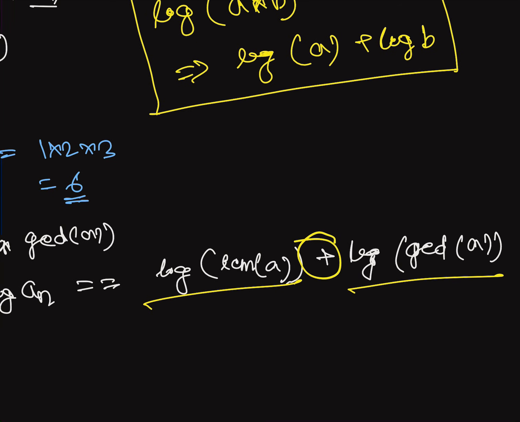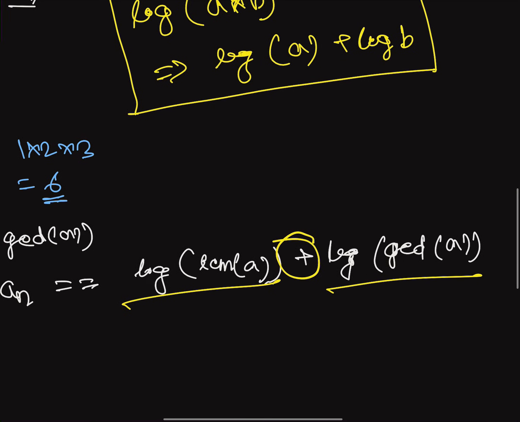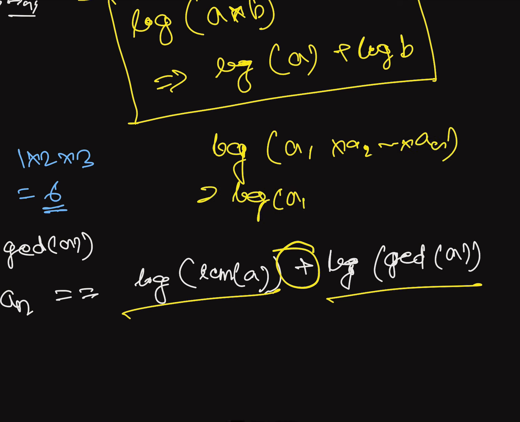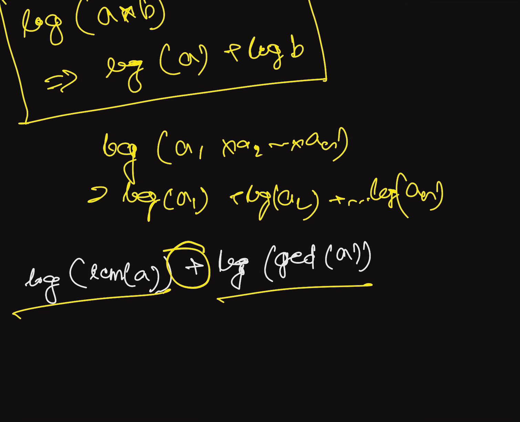Here we have converted the product to a plus. Now you can check that on the left side also the product has been converted to logs, and we are taking the sum, because there are multiple n elements in the array. So applying the same property, A1 into A2 into AN can be written as log of A1 plus log of A2, and in this way up to log of AN. Correct?